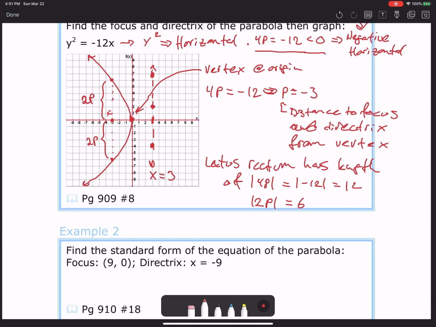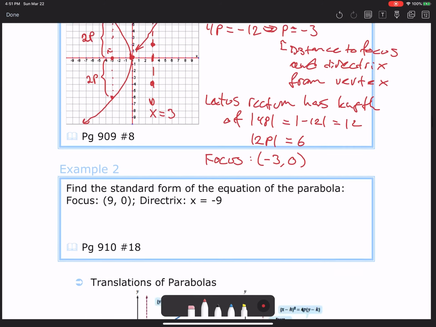So a vertical line passing through all the points that have an x-coordinate of 3. So that's the equation of your directrix, and the coordinates of the focus, in this case being 3 units to the left of the origin, are -3, 0.